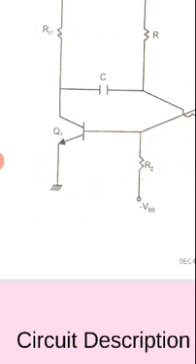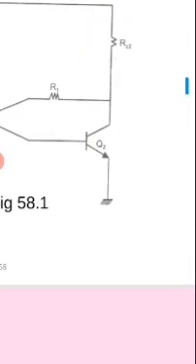Here VC1 is the voltage at collector Q1, and VC2 is the voltage at collector Q2.